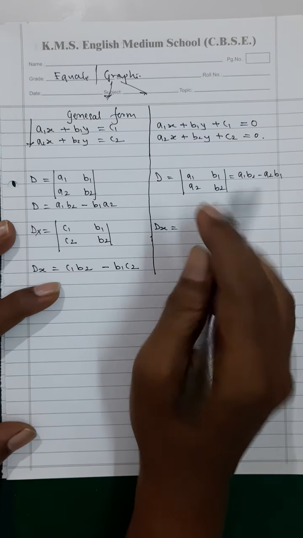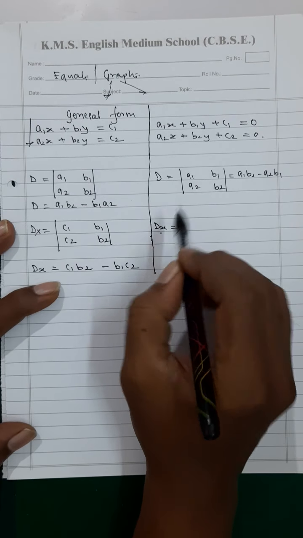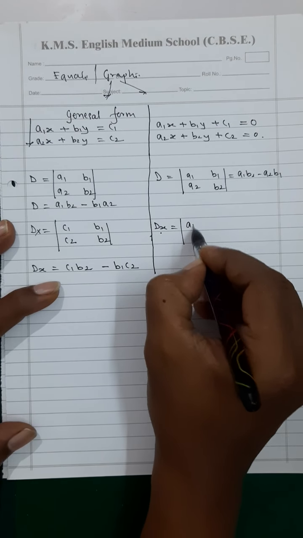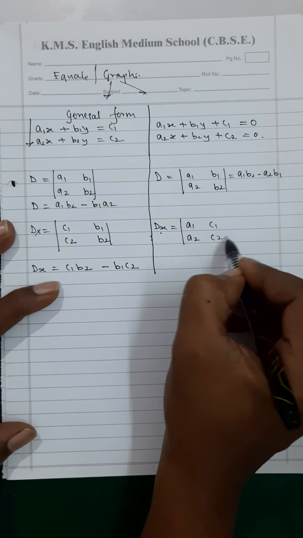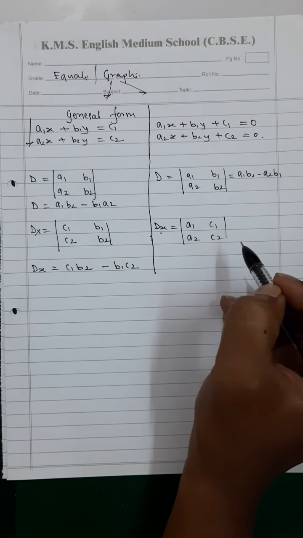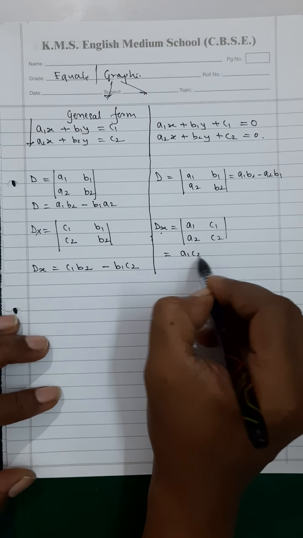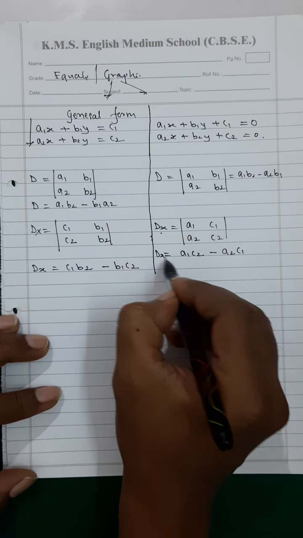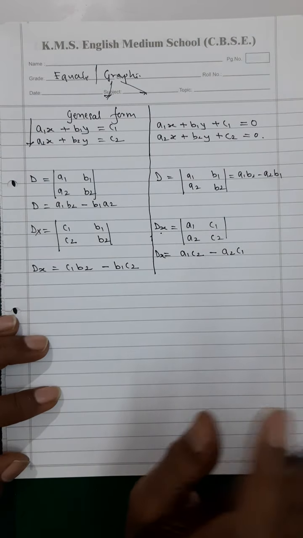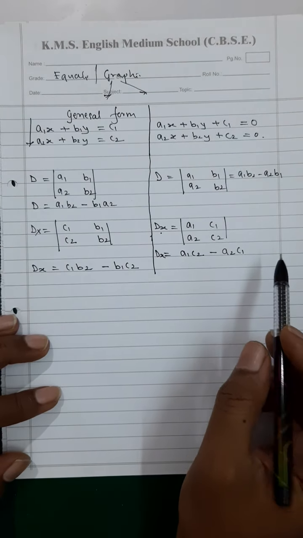When you use this, while finding dx, you will not be swapping a1, a2. They will be the same: a1, a2, c1, c2. This will become a1, c2 minus a2, c1, which will be your dx. You will not be swapping the positions of a1, a2 and c1, c2.